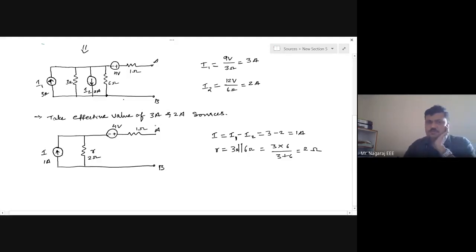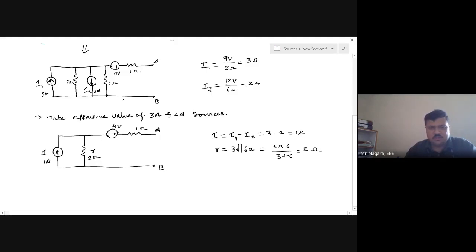But observe, between A and B, I want a practical current source. Now, if I convert 4 volts and 1 ohm into a current source, I will get 2 current sources in series, which I cannot directly simplify. Again, I have to convert them to voltage sources.